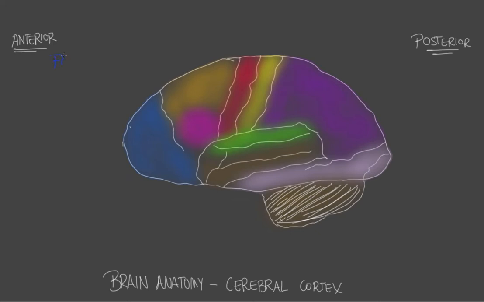And here, if you just remember the names of your cranial bones that we learned from the skeletal system, you'll be able to apply this knowledge in order to determine the names of the brain lobes. So the frontal lobe is the most anterior lobe, and I'm going to be highlighting that in blue right here.